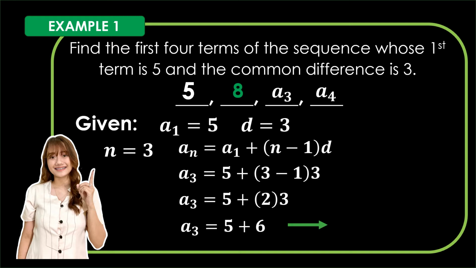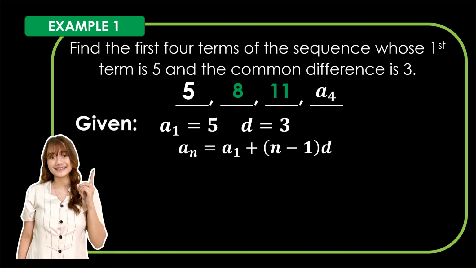And we all know that 5 plus 6 is equal to 11. Thus, our third term or a sub 3 is equal to 11. Now, we can substitute the value of a sub 3 to our sequence, which is 11. Now, our sequence becomes 5, 8, 11.